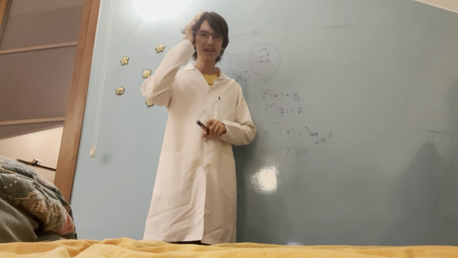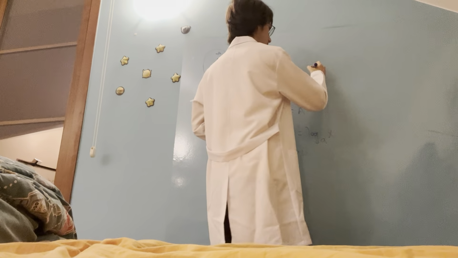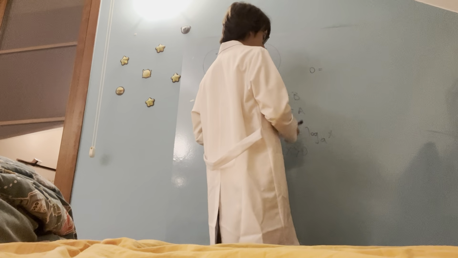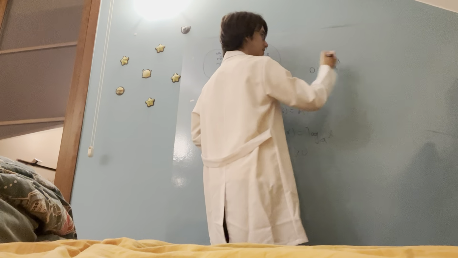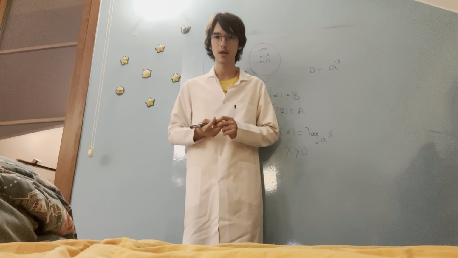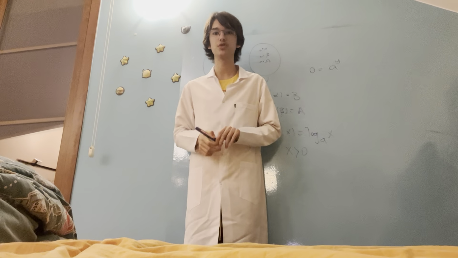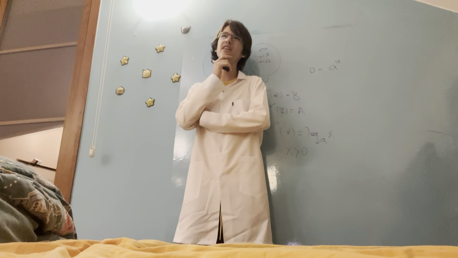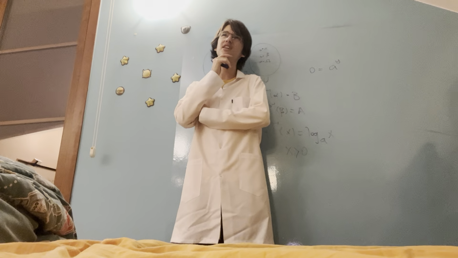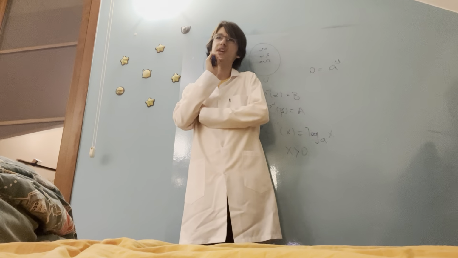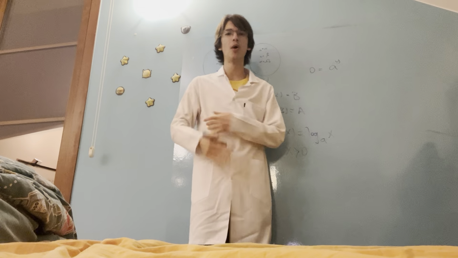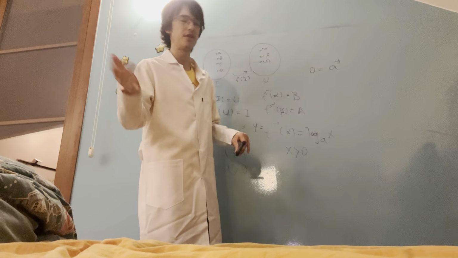Well, assume x is 0 for a minute. Now, let's say this is y. So, a^y is equal to 0. How can that be? Like, how can that actually be? Well, it can be if y is minus infinity, but we don't really mention infinities as real things because you can only approach infinity, you cannot be infinite.